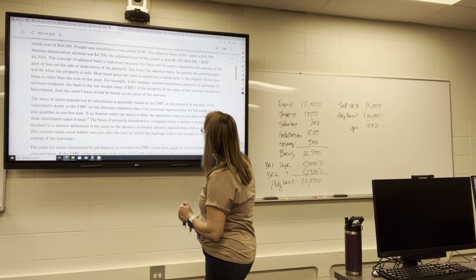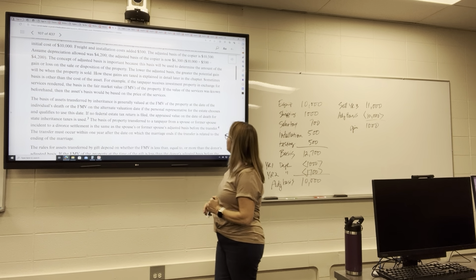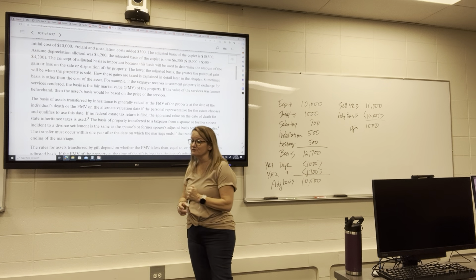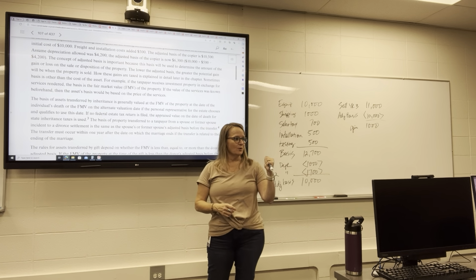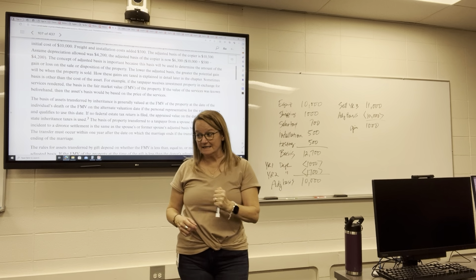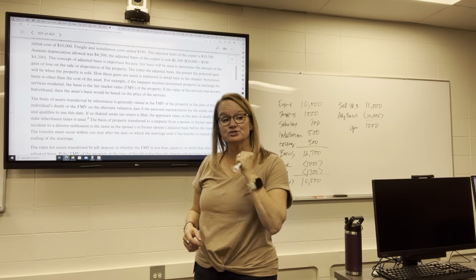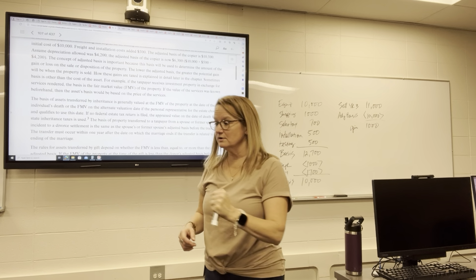So if the taxpayer receives investment property in exchange for services, now we are not actually getting money. We have given our services to another entity.